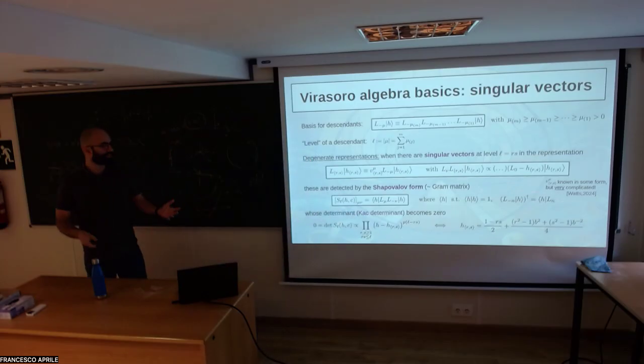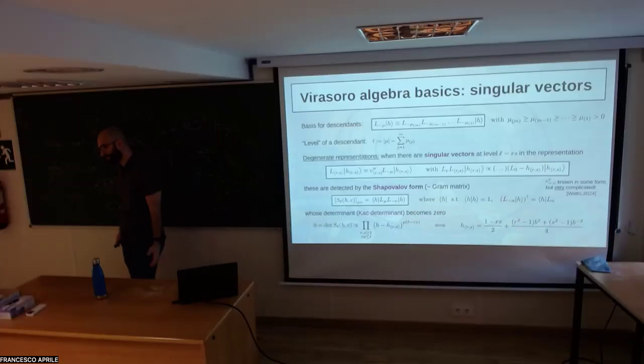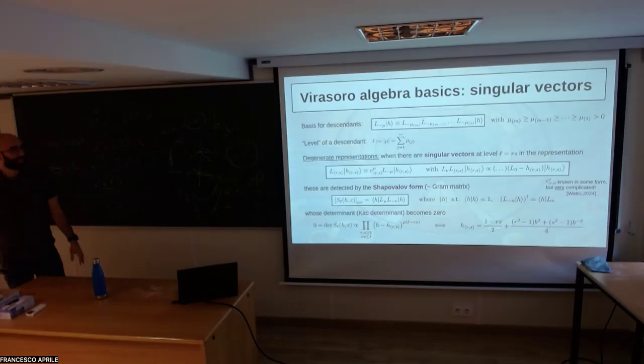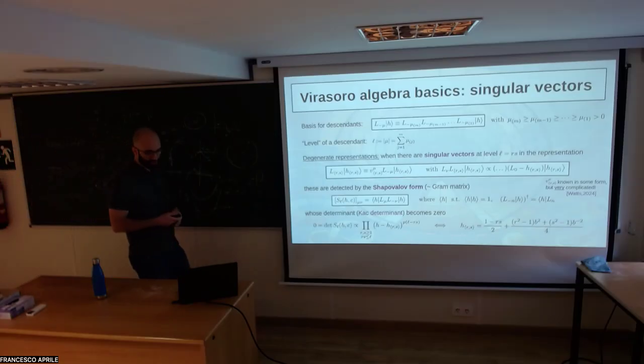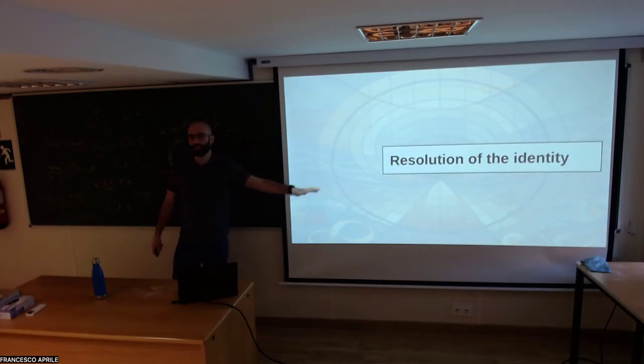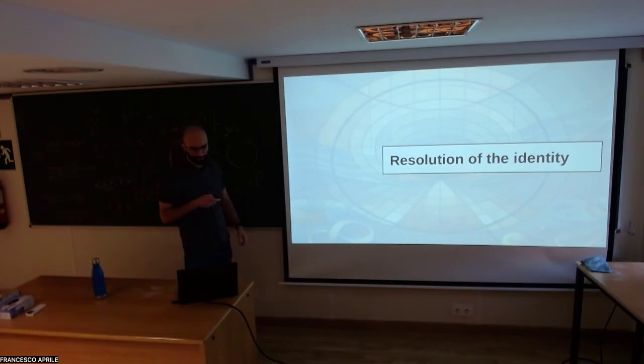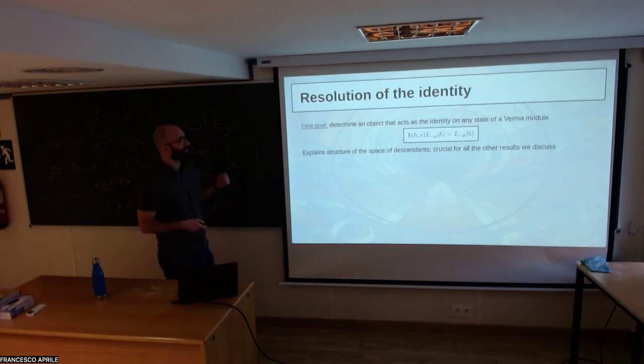So you have these special representations occurring at these very special values, h_{r,s}, of conformal dimensions. All right. Why do we care about all of this construction? Because, as I promised you, we care about determining some resolution of the identity for our representations in 2D CFTs.